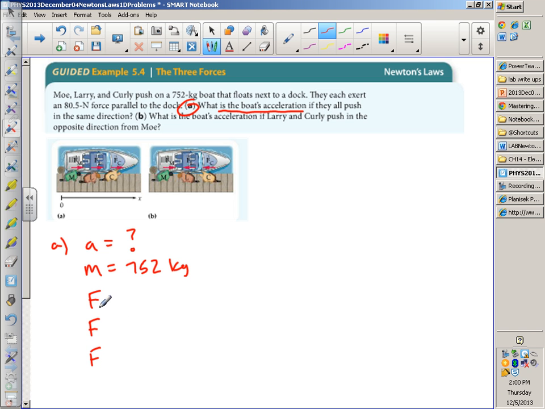So this would be the force of Mo, this would be the force of Larry, this would be the force of Curly, right? We use those subscripts to distinguish this one from that one from that one, okay? It tells you in the problem that they all push with an 80.5 Newton force, right? So we know that all of these forces are 80.5 newtons.